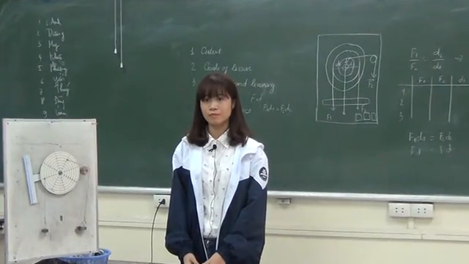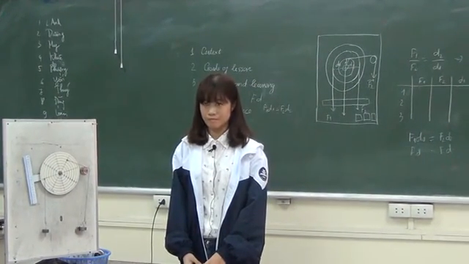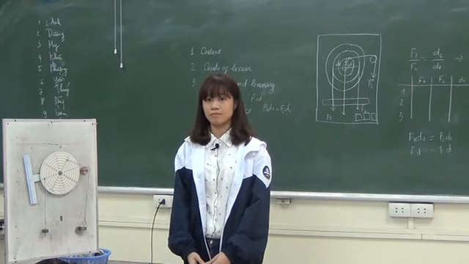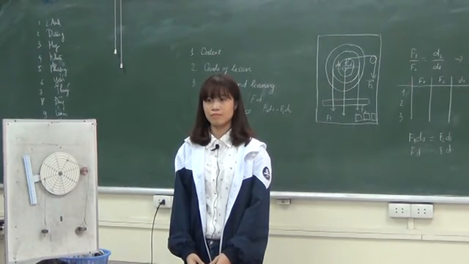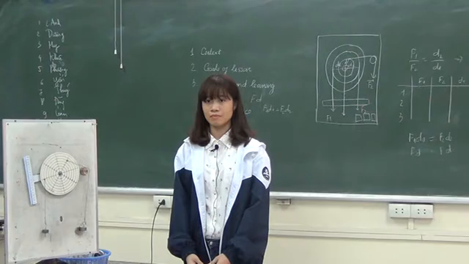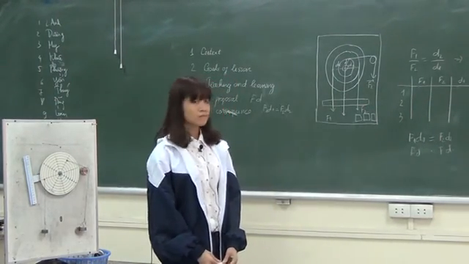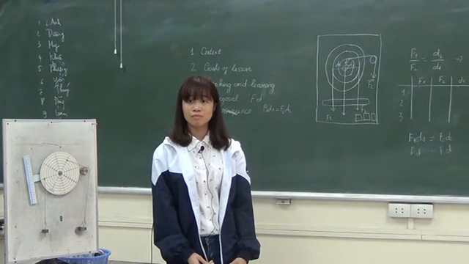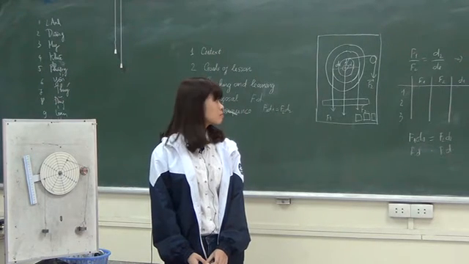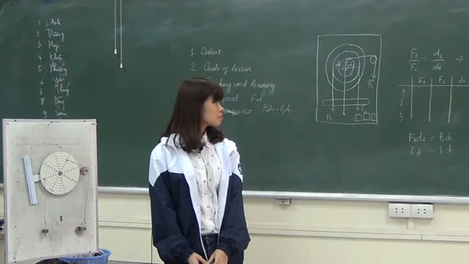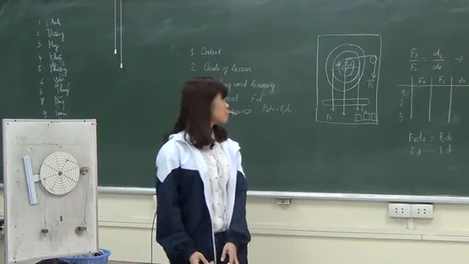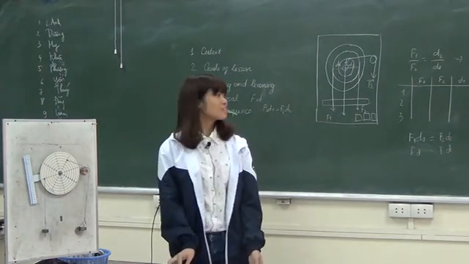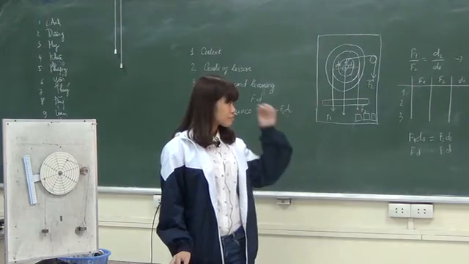Which quantity is the reason for the turning effect, and how can you bring out torque equals F times d, not F times L? You say yes, F times d.